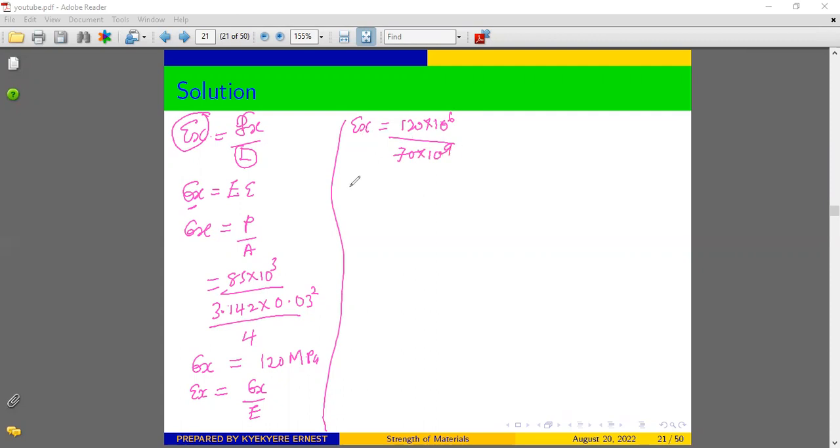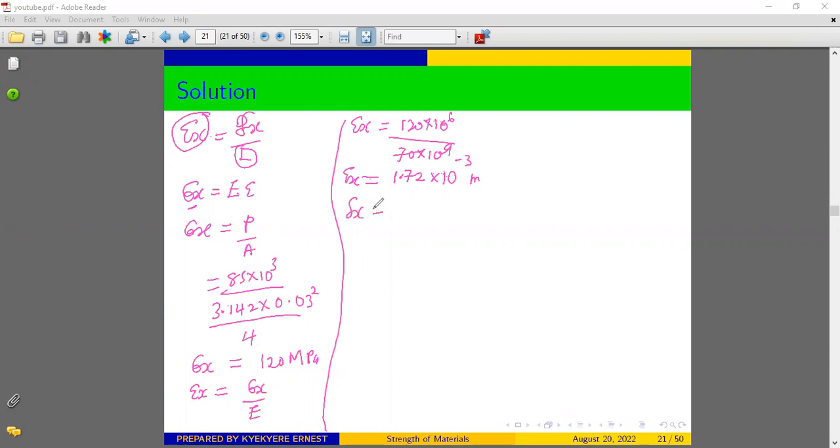Then from here, we can say that our strain in the x-axis should be equal to 1.72 times 10 to the power -3. Then from there, we can calculate our deformation.